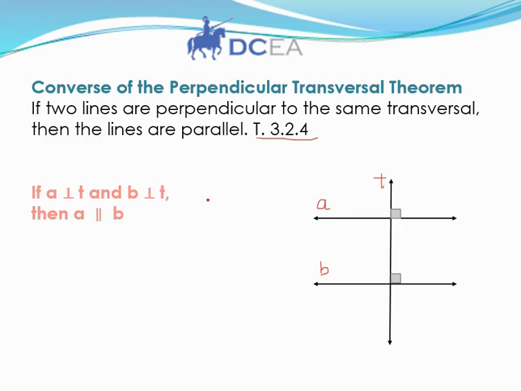If two lines are perpendicular to the same transversal, then the lines are parallel. So when they say two lines, they're talking about line A and line B to transversal T. Remember, we had the theorem that said if one of these angles is 90 degrees, then the other one has to be 90 degrees. So if A is perpendicular to T and B is perpendicular to T, then A is parallel to B.